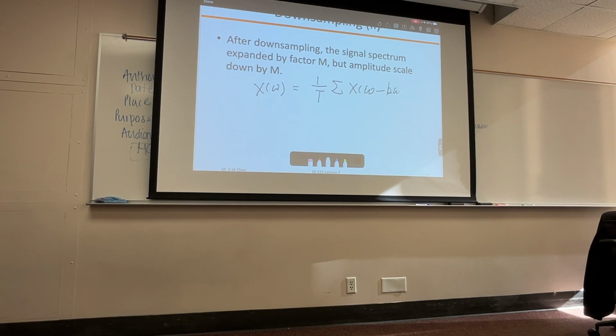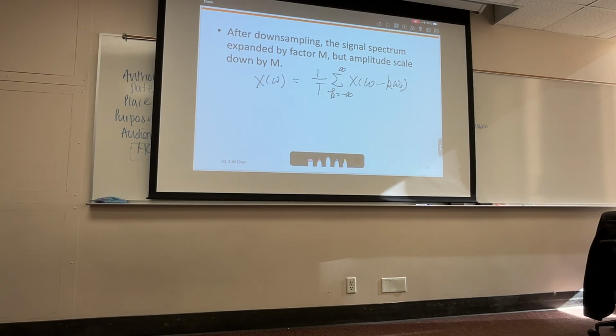And it will be repeating as integer multiple of the sampling frequency, omega s. And this k will be from -infinity to infinity, right? So every shifted copy of the sampling frequency, you're gonna see the original analog signal spectrum x of omega.